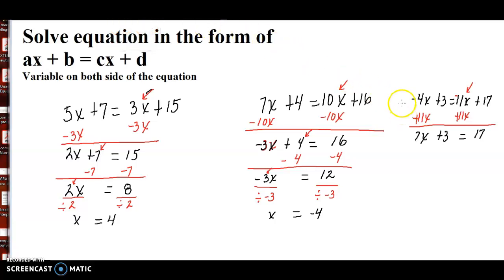So now I'm going to need to get rid of the 3 here in this problem. And the only way I can get rid of it is to subtract 3 from both sides of the equation.